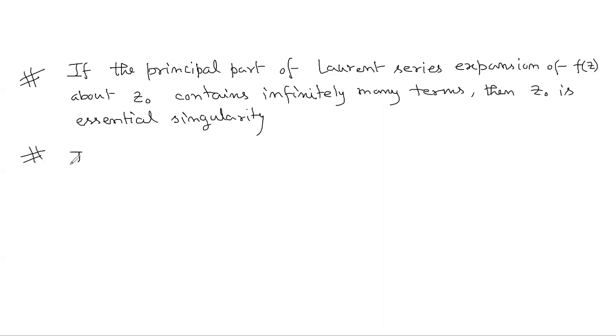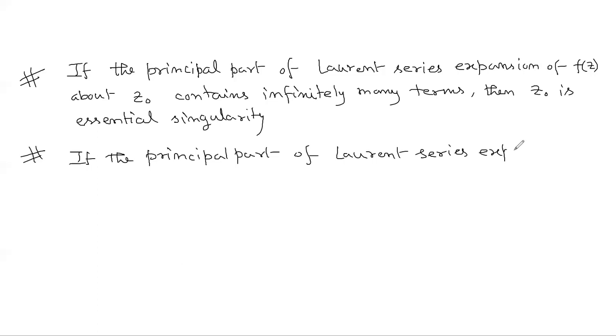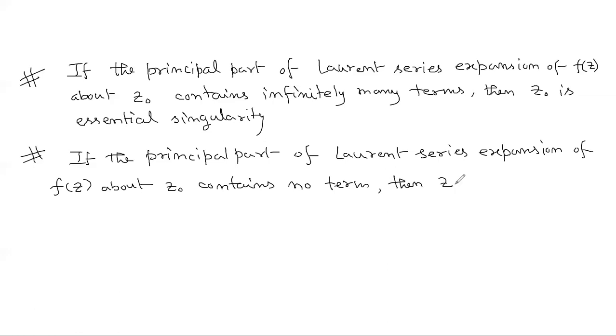And if the principal part of the Laurent series expansion of f(z) about z0 contains no term, that means there is no term present in the principal part, then z0 is a removable kind of isolated singularity.